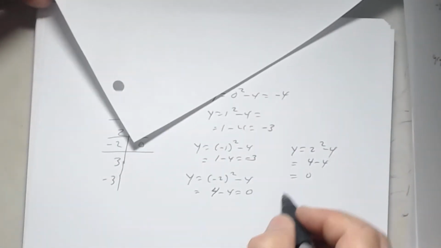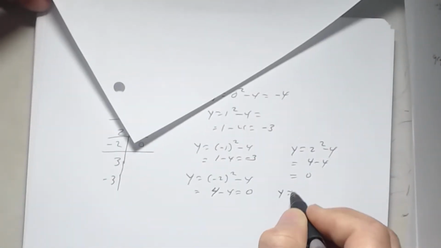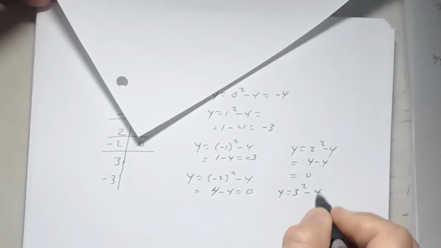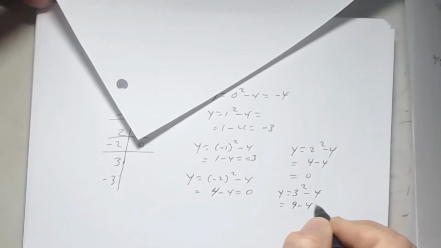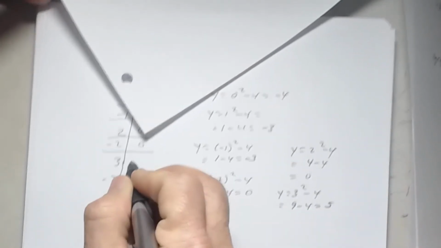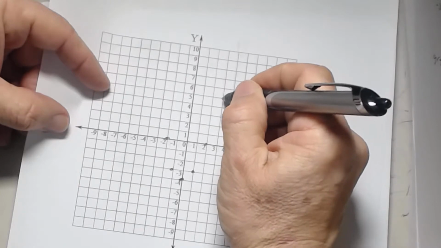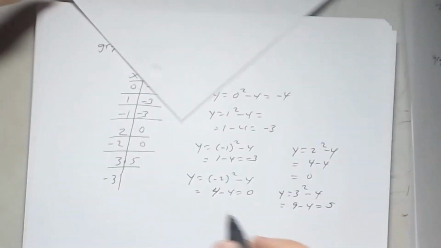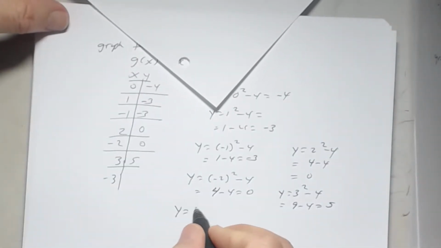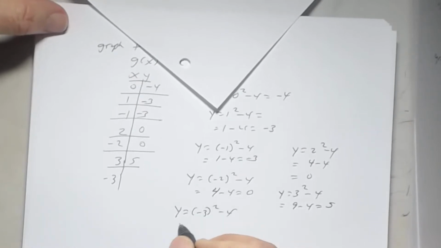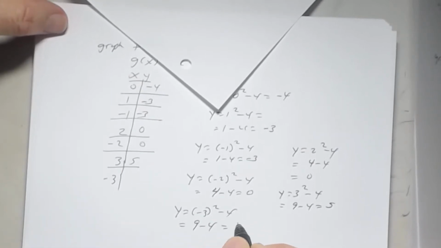When x is 3, I get y equals 3 squared minus 4. 9 minus 4, which is 5. So I plot the point 3, 5. So 3, 5 is here. When x is negative 3, I get y equals negative 3 squared minus 4. 9 minus 4, which is also 5.